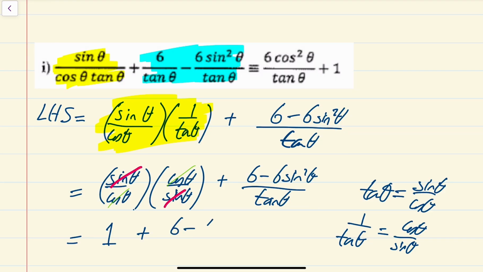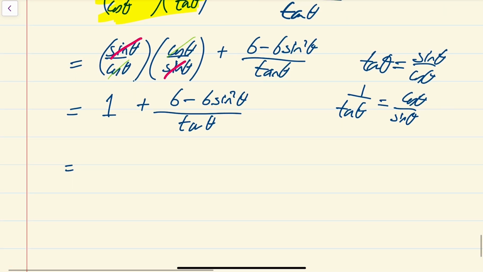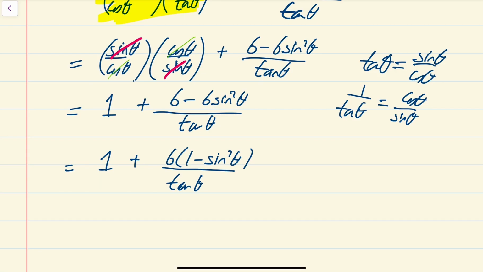So we had 6 minus 6 sine squared theta all over tan theta. I'm going to factorize this top line. Factorize out a 6, which would leave me 1 minus sine squared theta. And 1 minus sine squared is cos squared.